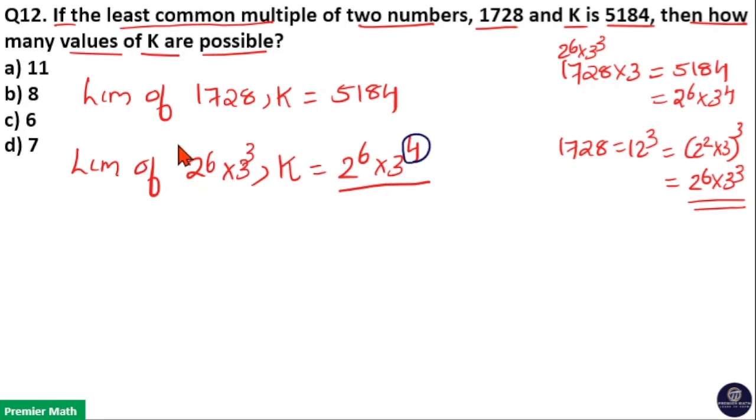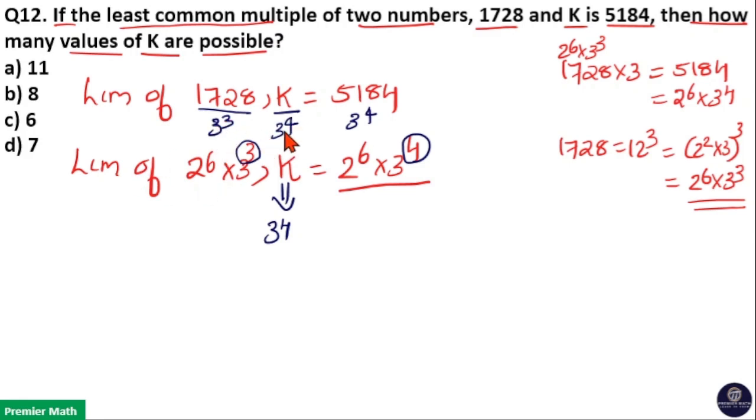But here, in 1728, the highest power of 3 is 3, which means k must have a factor of 3 raised to 4. Because if you consider 1728 and k, 1728 has 3 cube and the LCM has 3 raised to 4, so k must have 3 raised to 4.